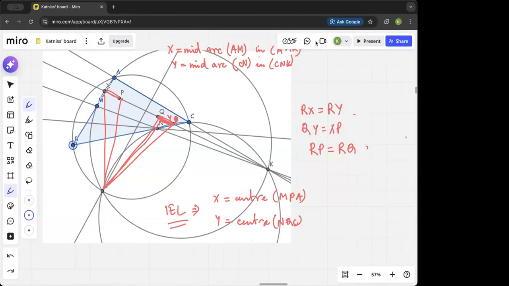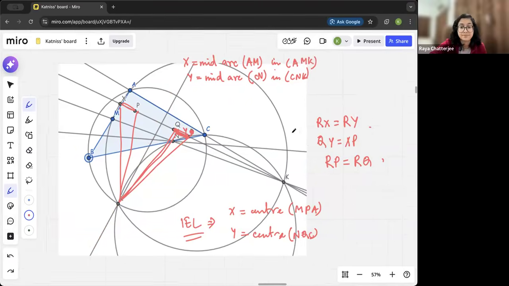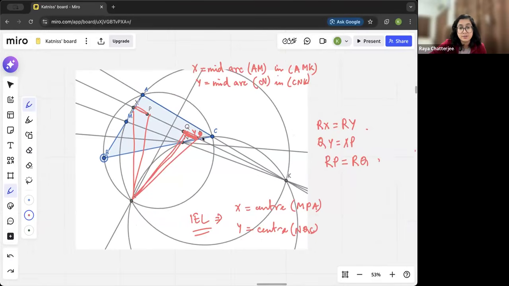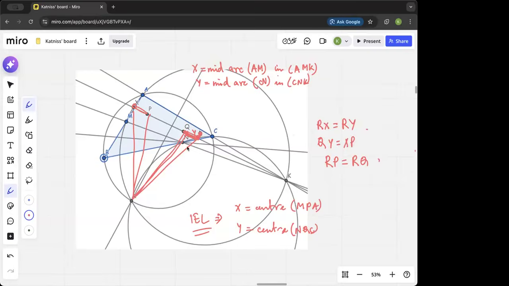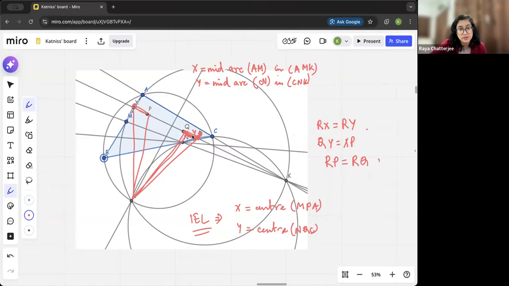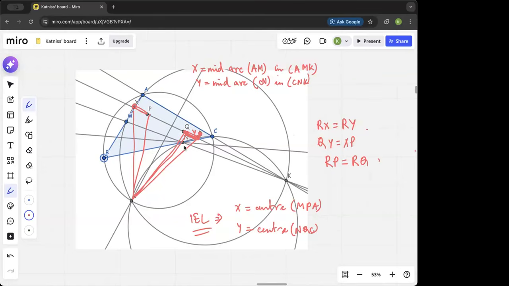Could you just repeat that last part? Okay, sure. The point is that X and Y are the circumcenters of these two, APM and NQC, right? This makes sense? Yes. And Rx is also equal to Ry, right? Yes.